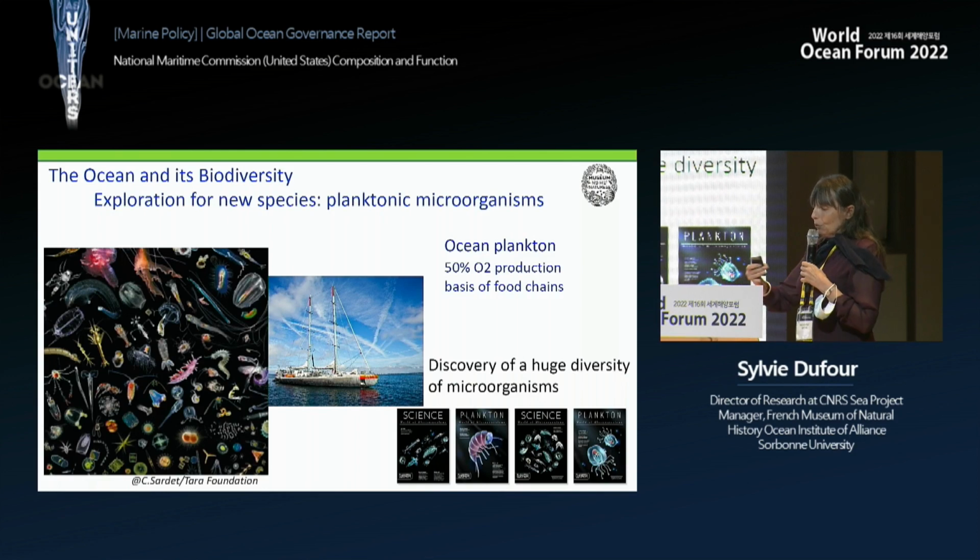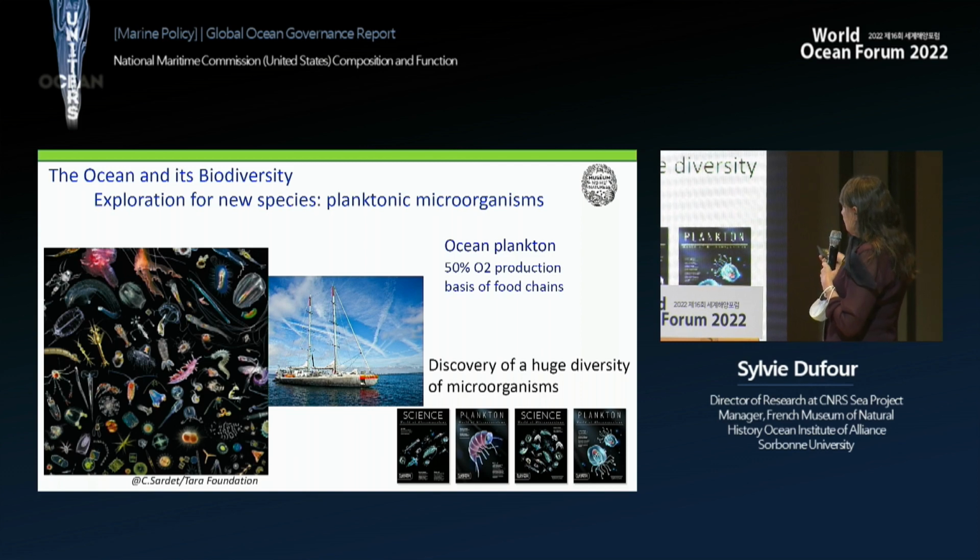And despite all these possibilities offered by biodiversity, it is still very unknown, and research deals with exploration of this biodiversity. I will give you just a few examples. For instance, plankton. Ocean plankton has a very important role in the function of our planet by producing 50% of the oxygen and by being the basis of all the food chains in the ocean itself.